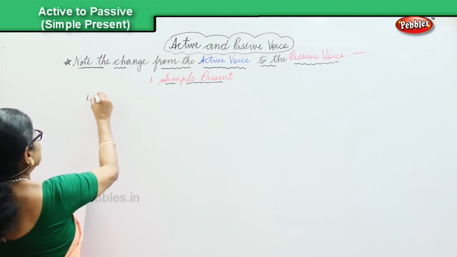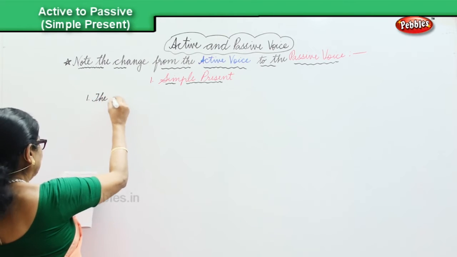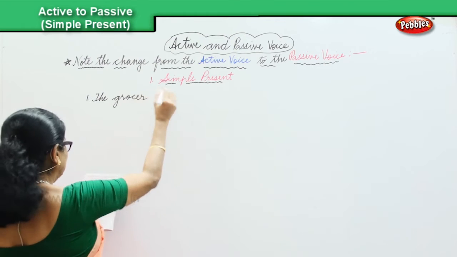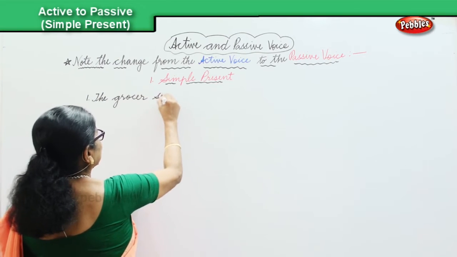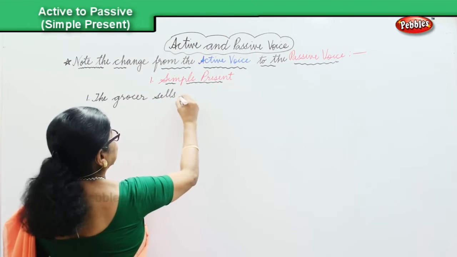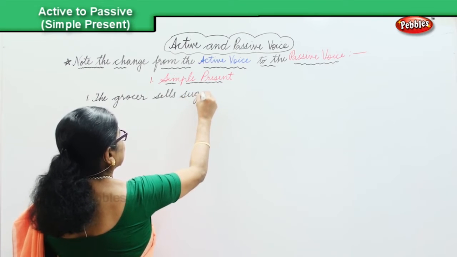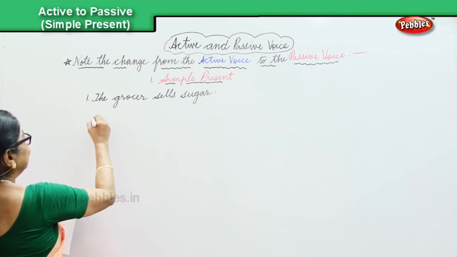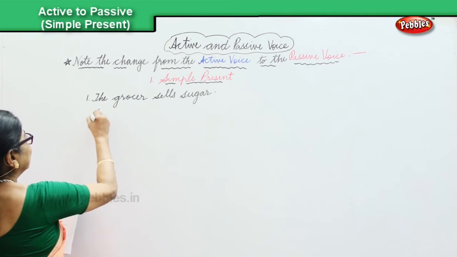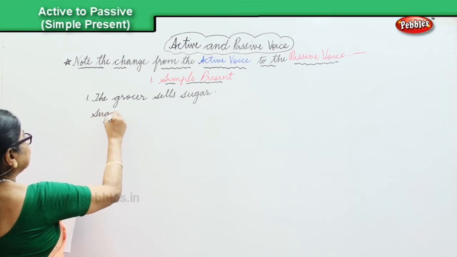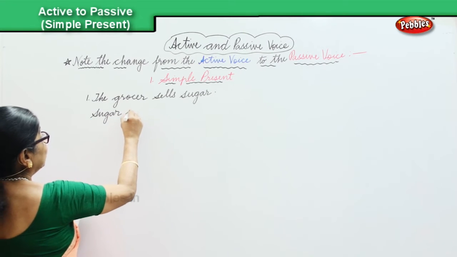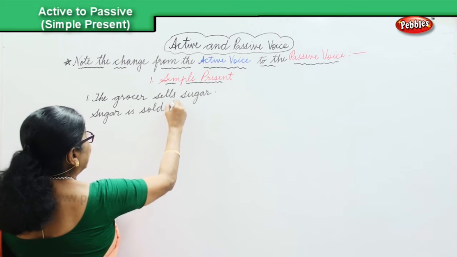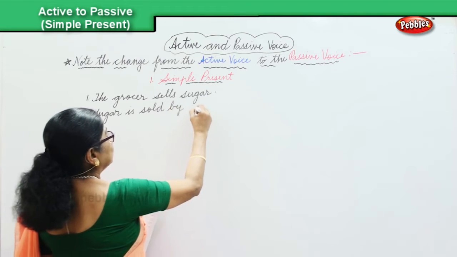One, the grocer sells sugar. In the same sentence we have the passive, sugar is sold by the grocer.